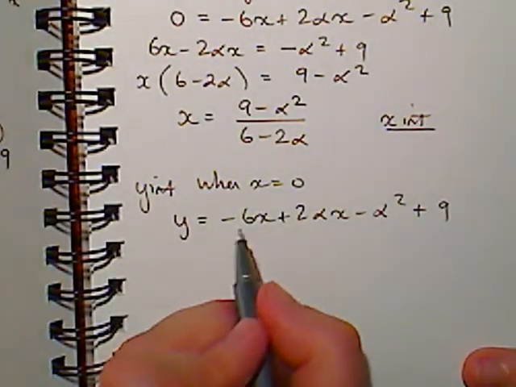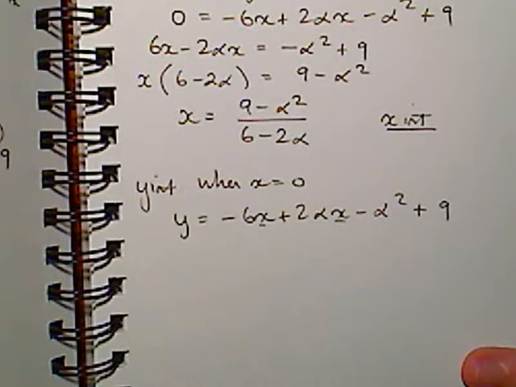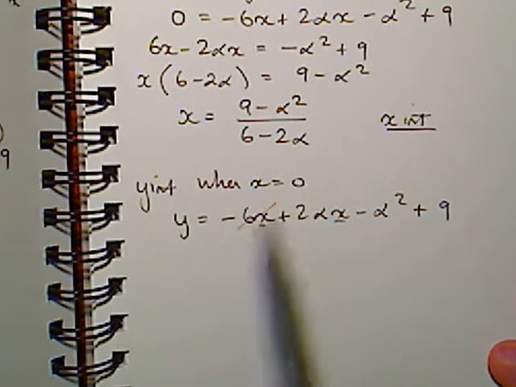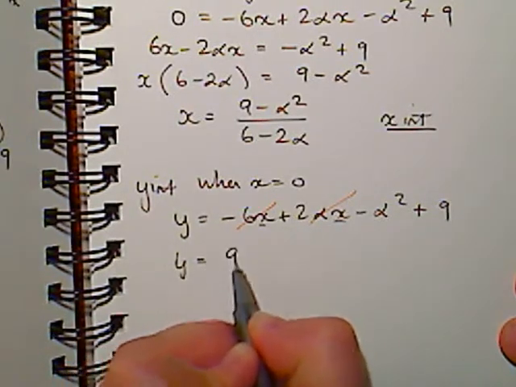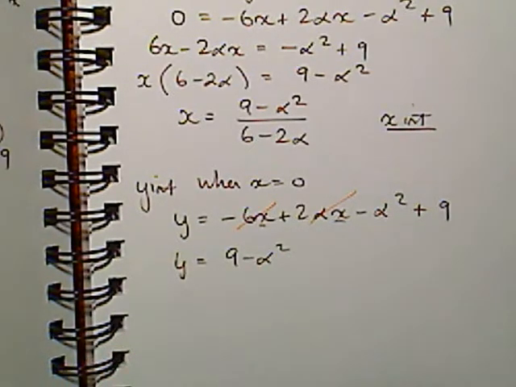So if x is 0, those two terms drop away. Leaves me with my y-intercept is 9 minus alpha squared.